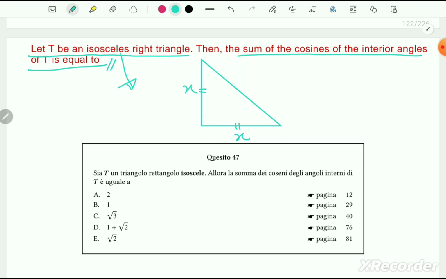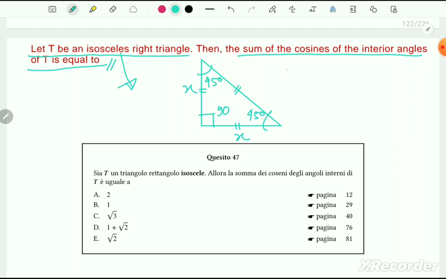Okay, and this is a right angle triangle, that means this would be 90 degree, and we do not know this distance, but we can simply find out by the Pythagoras application. But we know from the isosceles right angle triangle properties, these two angles would be 45 degree and 45 degree.